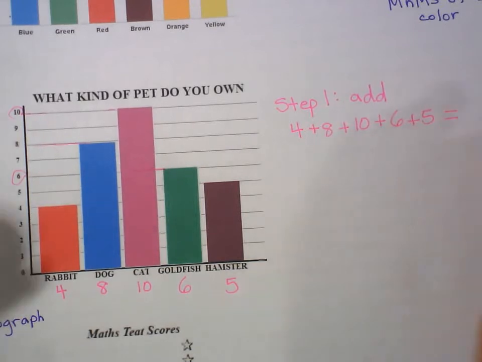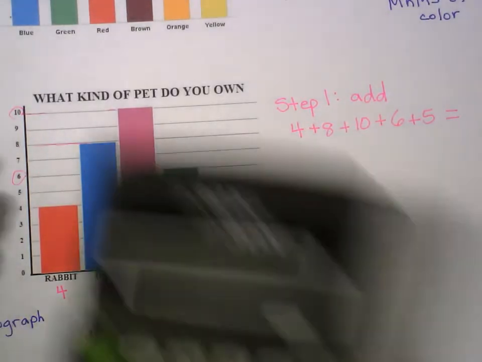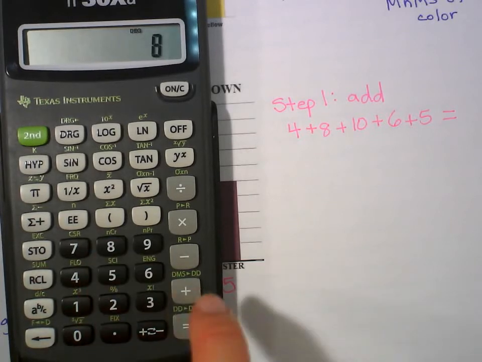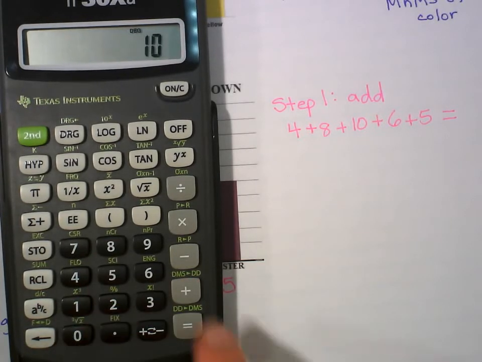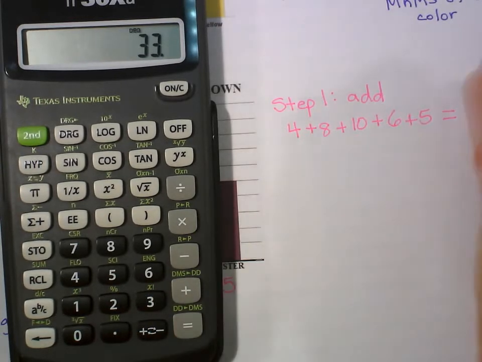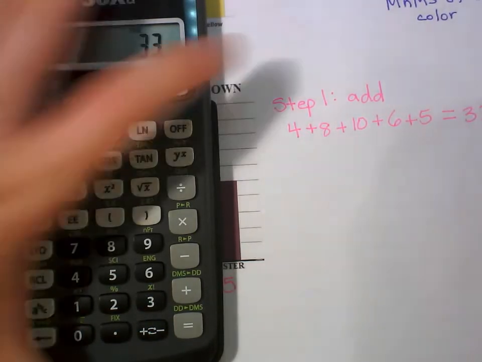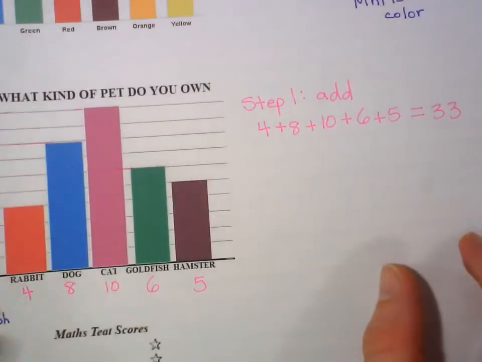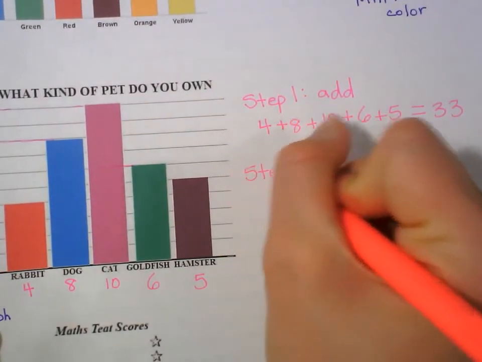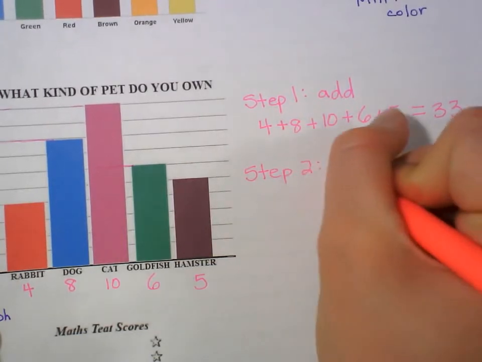So total we had 4 plus 8 plus 10 plus 6 plus 5. 33 pets in the class. 33. Now, step 2. After we add, we divide.